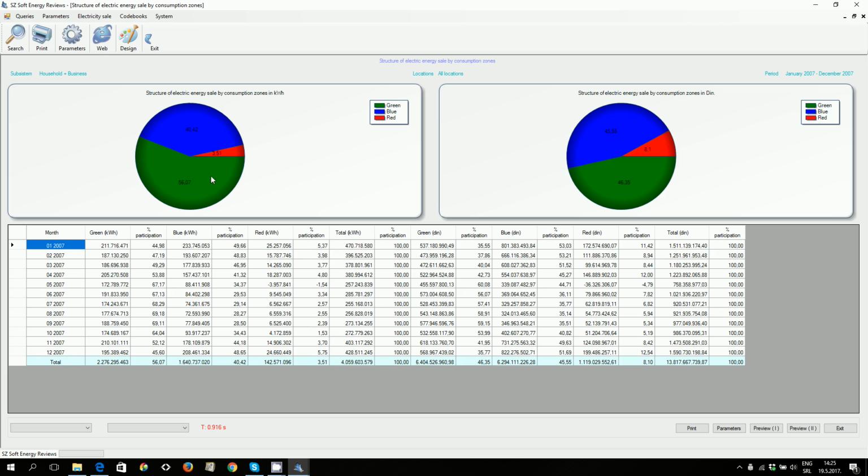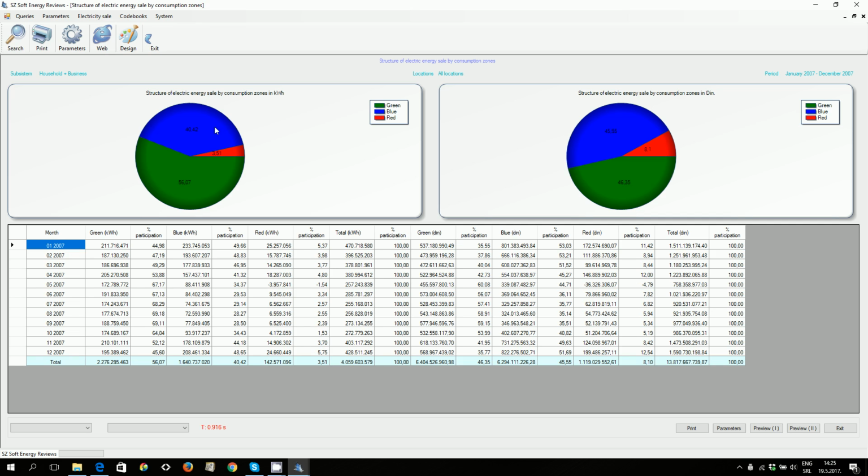On the left side, we can see that 56% of kilowatt hours in the green tariff has a part of 46.35% in electric energy sale in dinars.